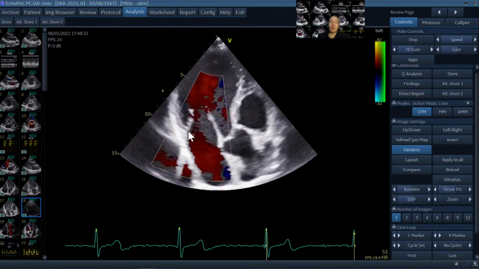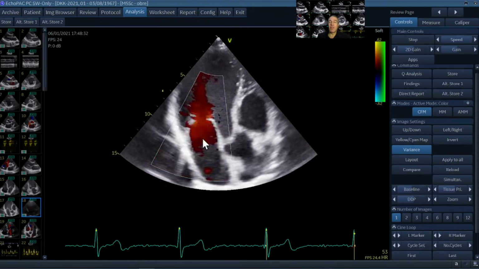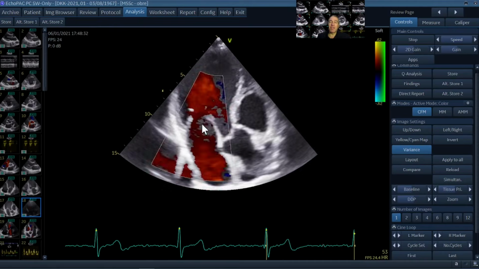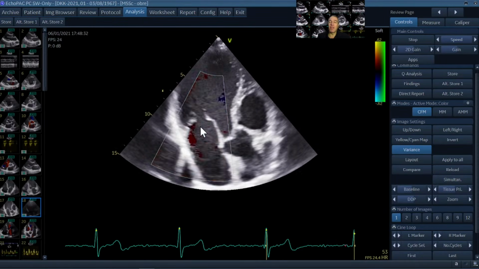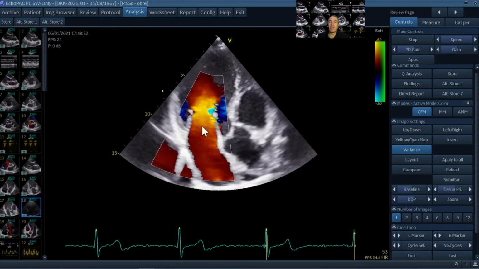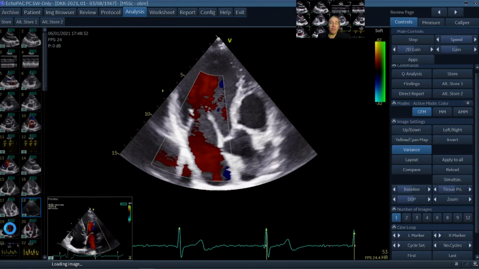Here, the color Doppler is focused at the mitral valve, and you might appreciate a very trace regurgitant flow a little bit during systole, which is a minimal mitral regurgitation.